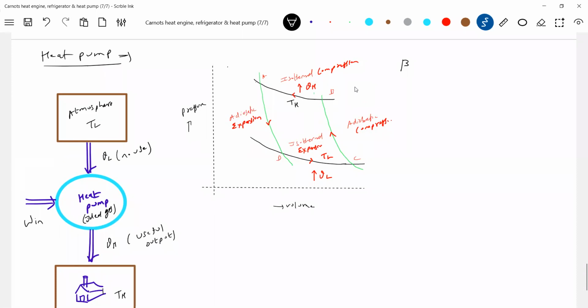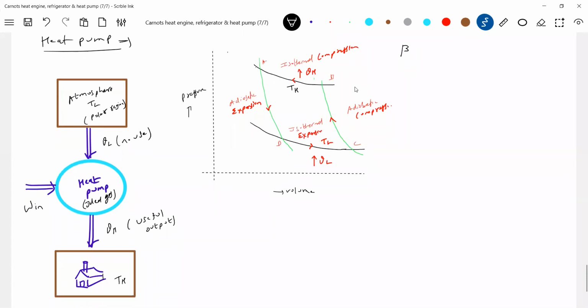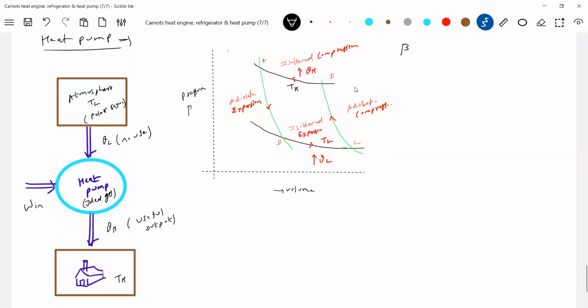Same thing. What is the heat pump? Okay, let's go for the atmosphere. The atmosphere will be very cold, say somewhere in a polar region.